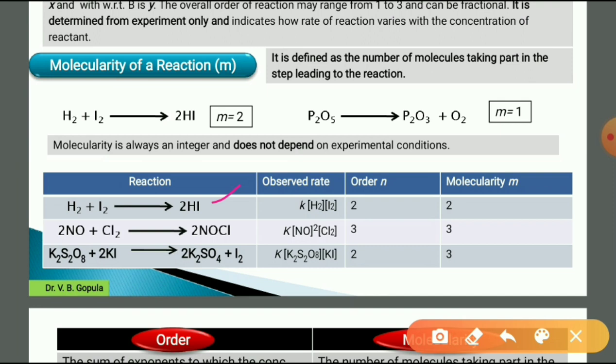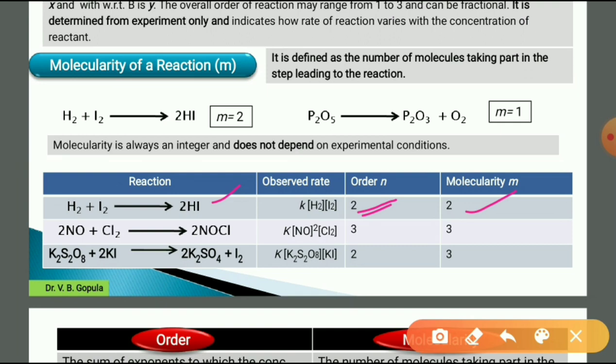Here the observed rate is k times the concentration of H2 and I2. So the order of the reaction will be 2, because the powers of concentration of H2 and I2 are 1 and 1, and their sum becomes 2. And the molecularity is 2 because two molecules are taking part in the reaction.